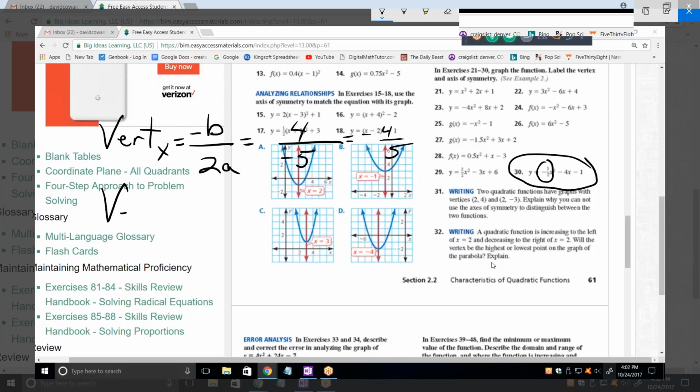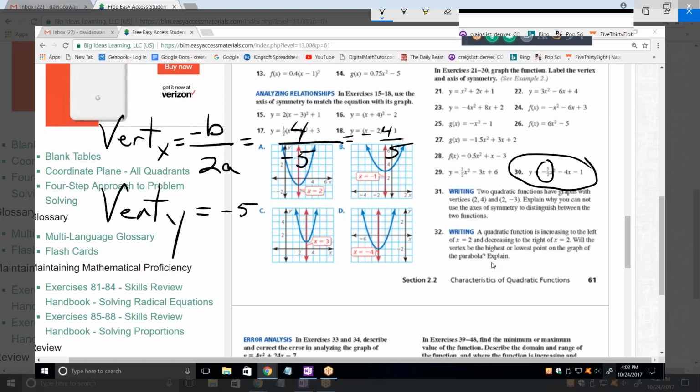Now, in order to graph this thing, we need the vertex. So we need the x and the y coordinate of the vertex. So tell me what I should write to get the y coordinate of the vertex. Do it step by step. And here is where you really want to do it step by step, because this is complicated, it's really easy to make a mistake.